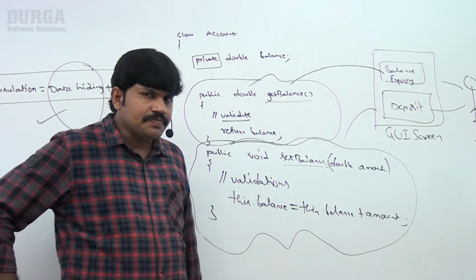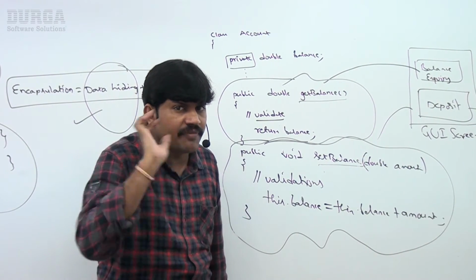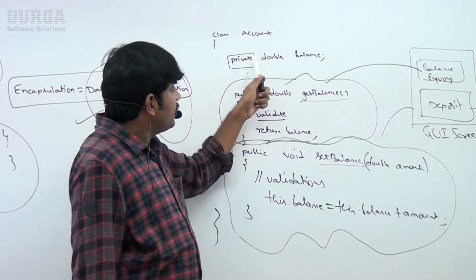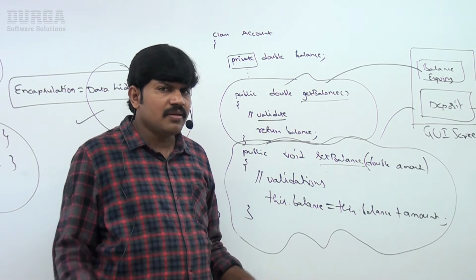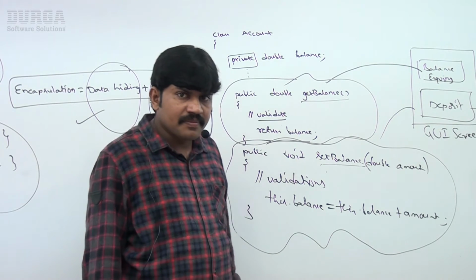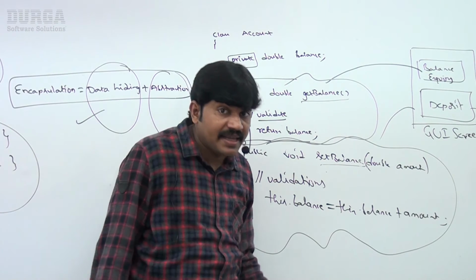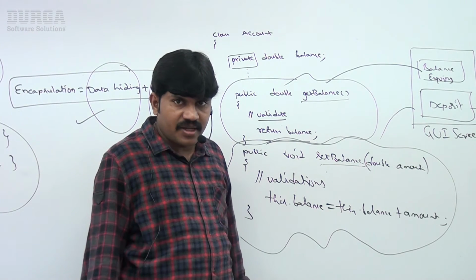Sir, have you observed here one small thing you people should be aware of? Is it possible to access this data member directly? Can you please confirm? Is it possible to access this data member directly? No, outside person can't access, right?